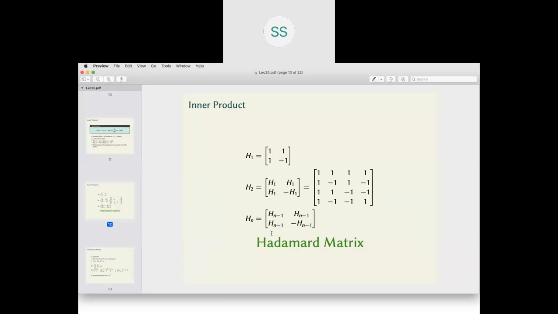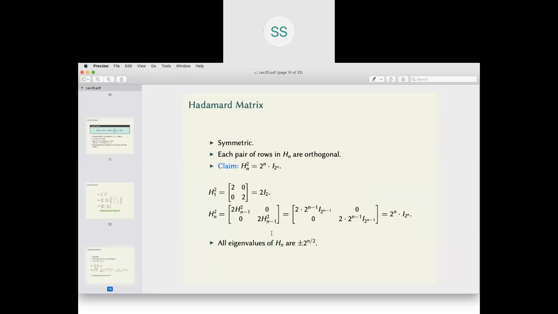From the previous slide, Hn is Hn minus 1, Hn minus 1, Hn minus 1, and minus Hn minus 1. You can easily get that Hn squared will be 2 times Hn minus 1 squared, 0, 0, and 2 times Hn minus 1 squared. And by induction, Hn minus 1 squared is 2 power n minus 1 times the identity of size 2 power n minus 1.